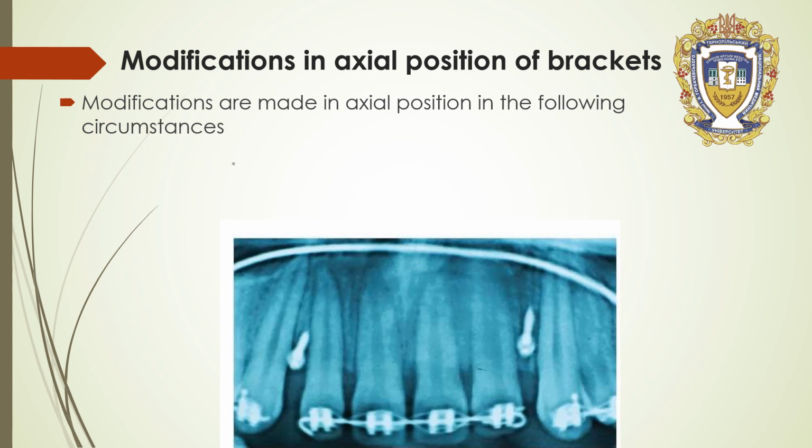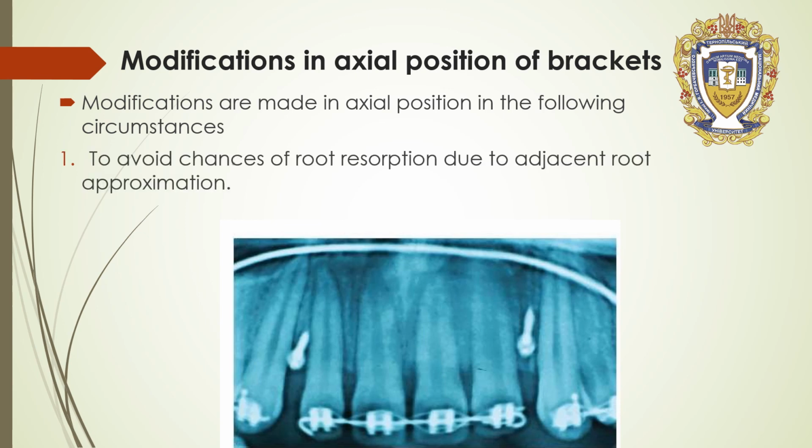But you need to know that there are other modifications in axial position of brackets. Modifications are made in axial position in the following circumstances. First of all, to avoid chances of root resorption due to adjacent root approximation.